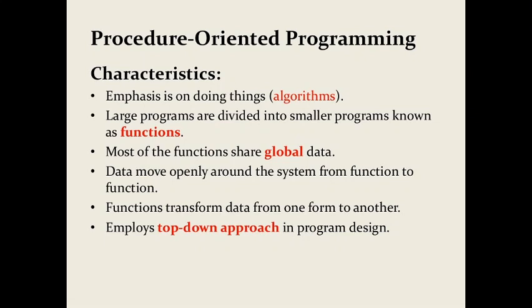In C, as the main function is situated at the beginning of the program, the compiler starts compiling from the top, and likewise scans the next line until the last line. That way we say that the procedural oriented programming language follows the top down approach.